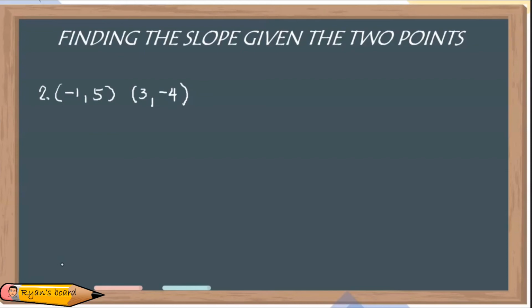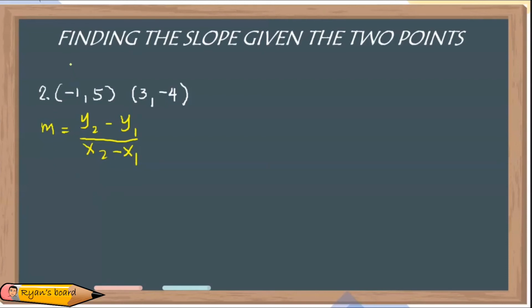So, we write our formula. M is equal to y sub 2 minus y sub 1 over x sub 2 minus x sub 1. Well, nasa sayo, pwede mo naman hindi isulat yung formula. Pero para hindi ka malito, sulat na natin, no?